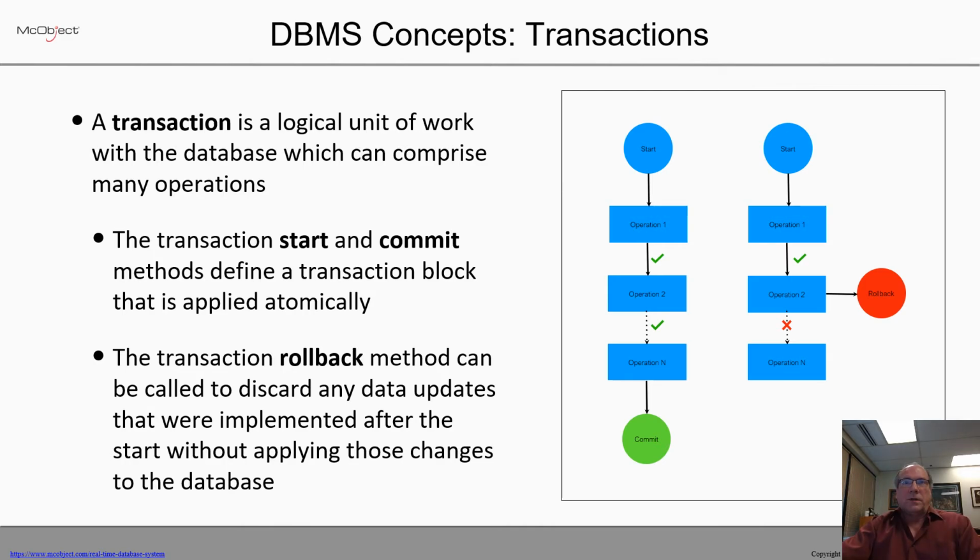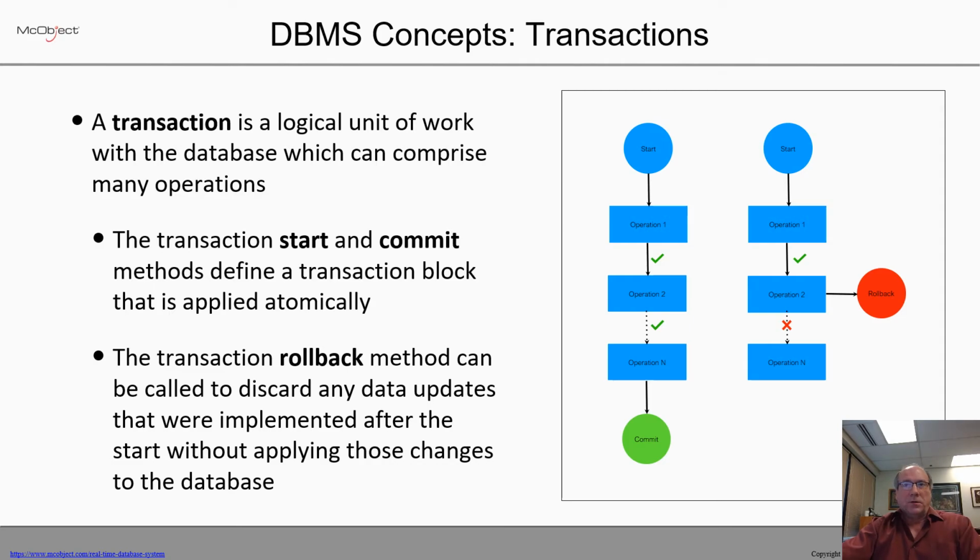Well, I keep talking about transactions, so now it's necessary to define what a database transaction is. A database transaction is a logical unit of work that must be applied to the database in its entirety or not at all. In other words, it must be applied atomically. So a database transaction is not necessarily a single operation, though it may be. In other words, a sequence of operations, such as looking up one record, deleting 5 related records, and updating a field within the original record, must all succeed or fail together.